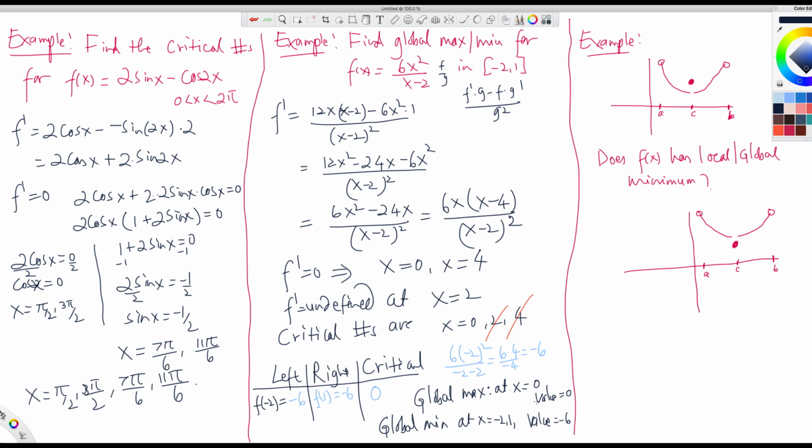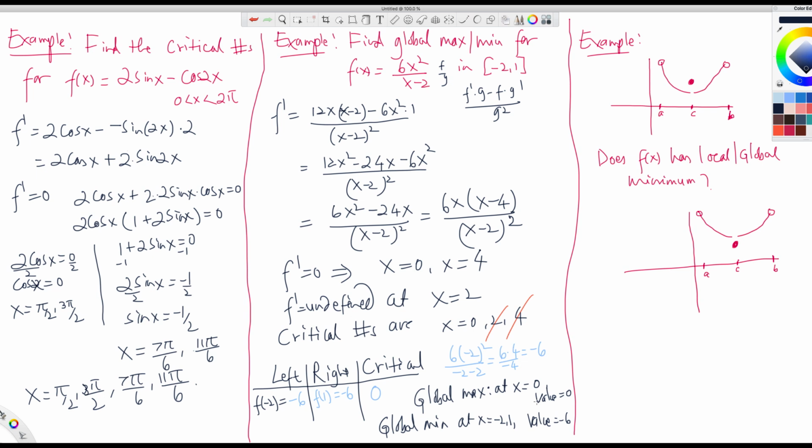So basically, to find the global max or global min, the idea is first find the first derivative, set that equal to 0, and find the critical numbers. For the critical numbers, you find them in two ways. One is solve the numerator equal to 0, and if there is x in the denominator, solve the denominator equal to 0. If there is a negative exponent, you need to move that to the denominator and then solve the denominator for the critical number, because critical numbers are those values of x where the first derivative is 0 or the first derivative is undefined.